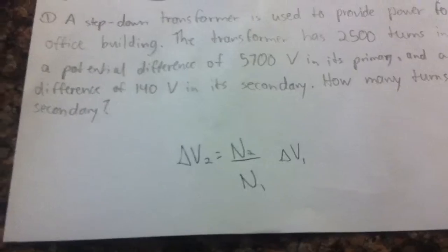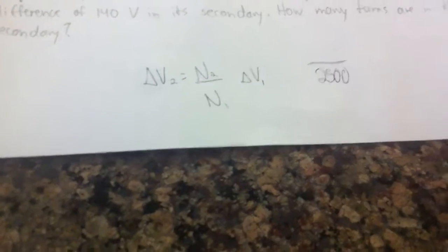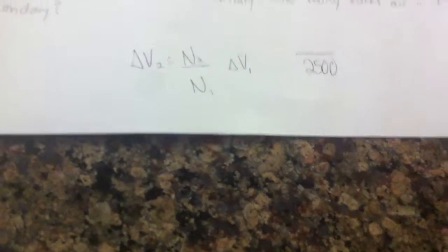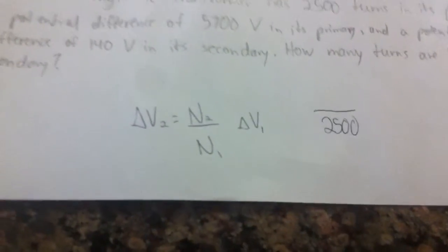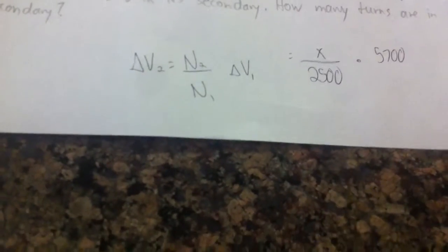The transformer has 2,500 turns in its primary, and what we're trying to solve for here is the number of turns in its secondary, so we're going to put an X here. The potential difference in its primary is 5,700, and that is all going to equal 140.